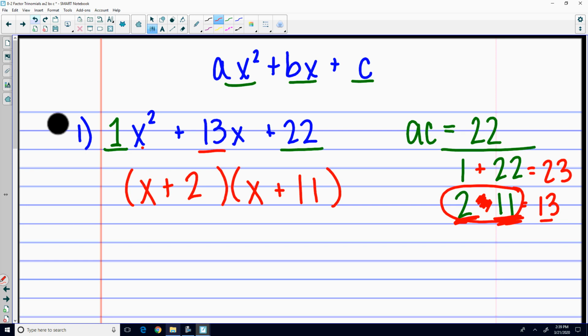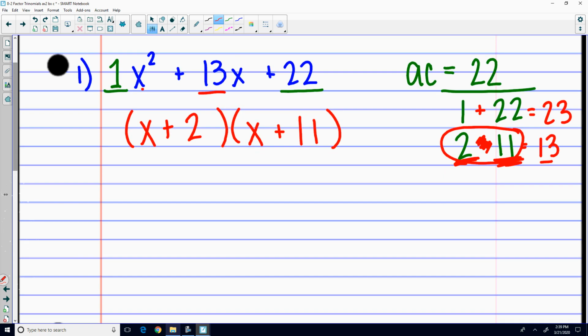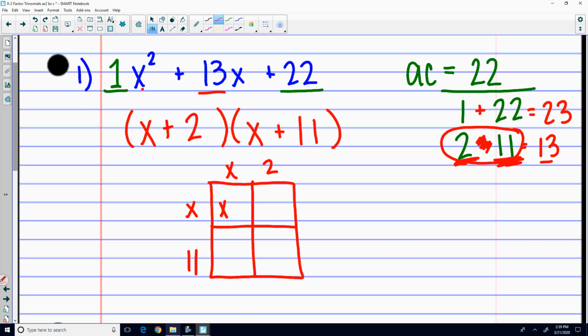Now, how can I check that that equals x squared plus 13x plus 22? You can go ahead and do the box method or FOIL to double check. So let's box it. X and 2 and x and 11. X squared, 2x, 11x, 22.